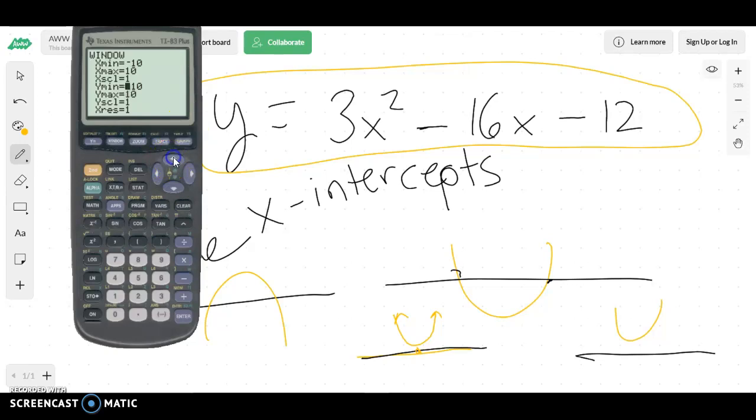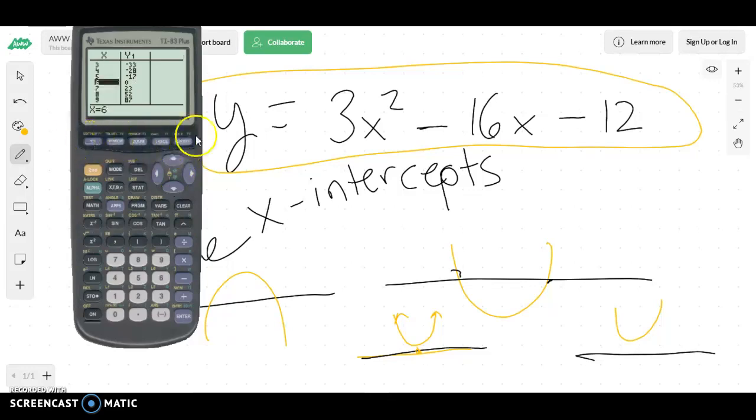On our y-axis, we might want to go from negative 20 to positive 20 to just get a better view. It still goes a little bit off, but you can see that down there it's going to do that. If you want to see the actual points, you can hit second table, and it gives me an XY table right here.